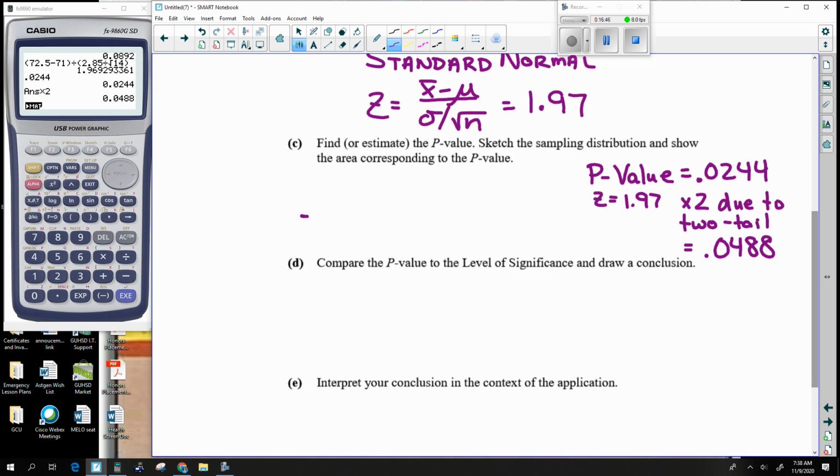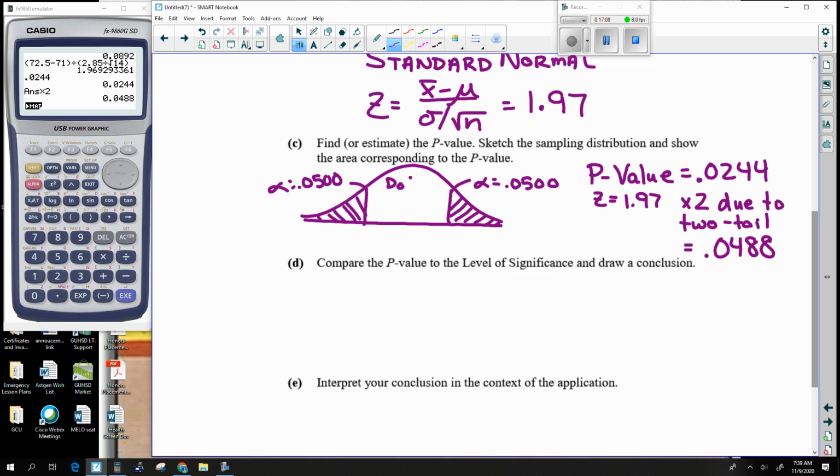Okay, time for the picture. This is a two-tail, so the rejection zone is on both sides, and that edge is alpha. This middle clean area is the do not reject zone. So we have the rejection zone and the do not reject zone.